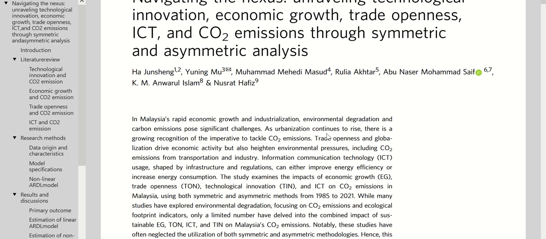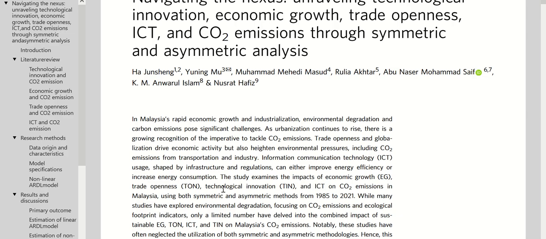As urbanization continues to rise, there is a growing recognition of the imperative to tackle CO2 emission. Trade openness and globalization drive economic activity, but also highlight environmental pressure, including emission from transportation and industry.